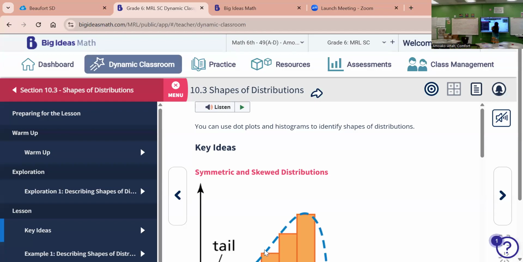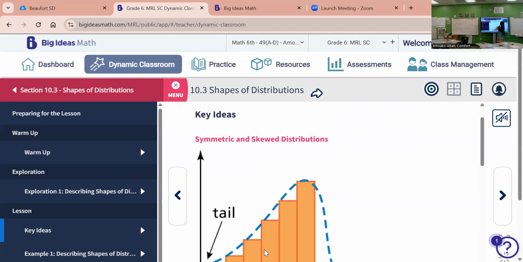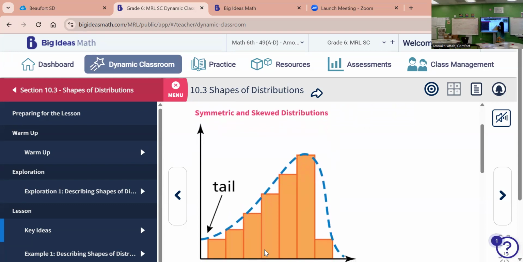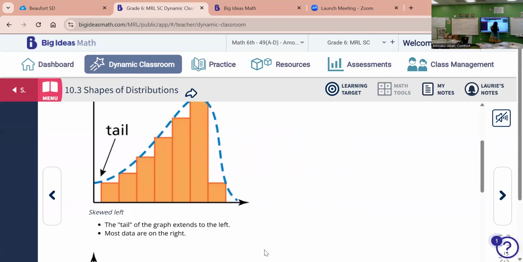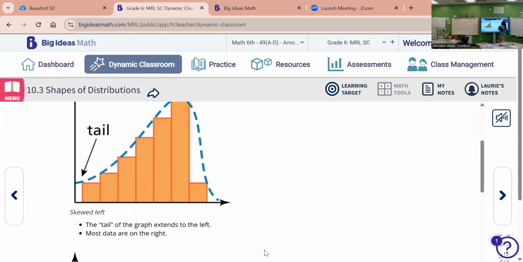All right. As I'm sharing, you guys can see my screen. So these are the key vocabularies. The first one is skewed left. When it says skewed left, that is when the tail of the graph extends to the left, and you have most of the data at the right.